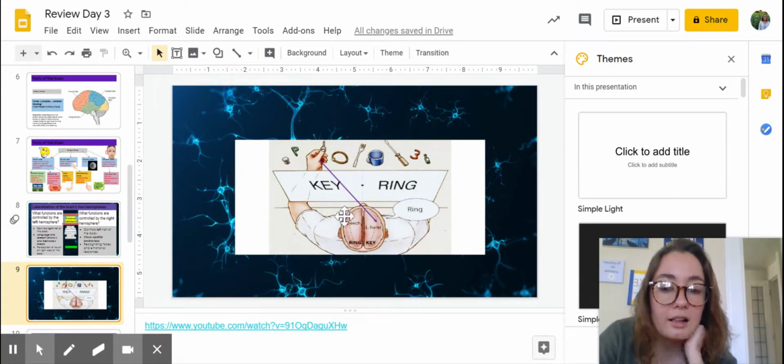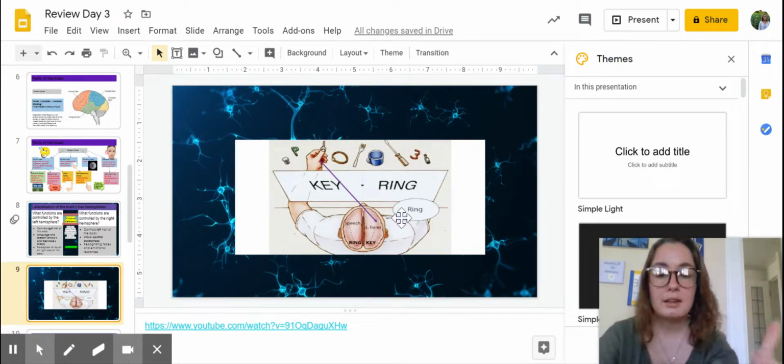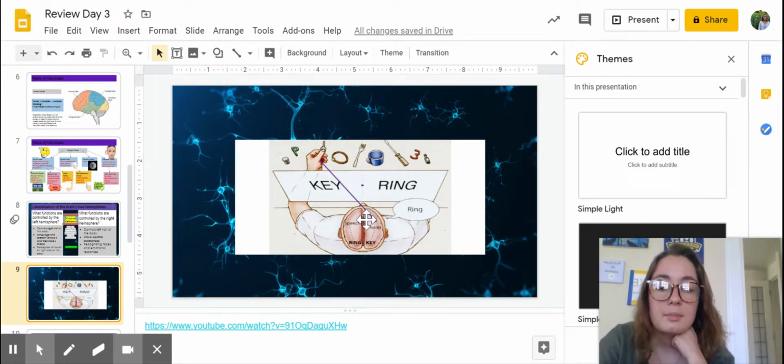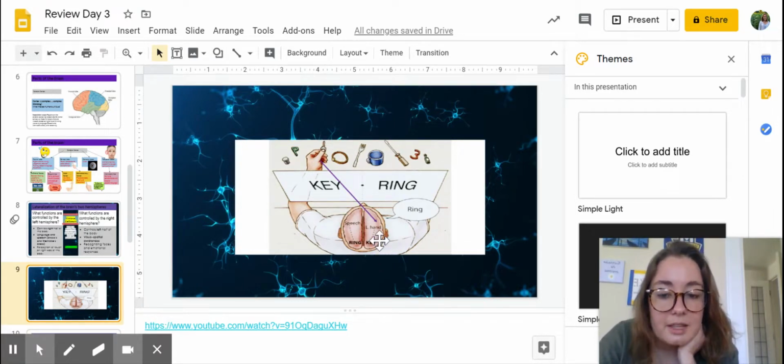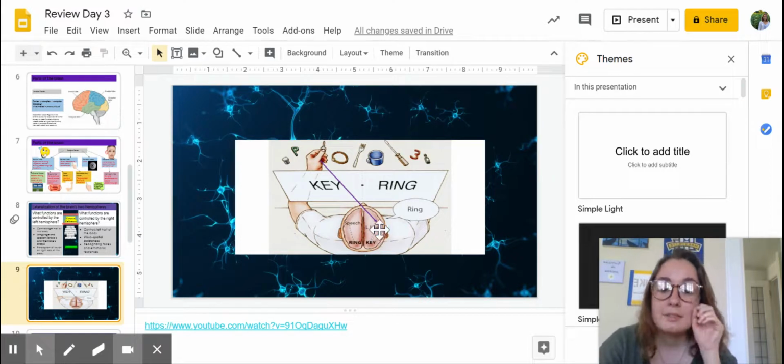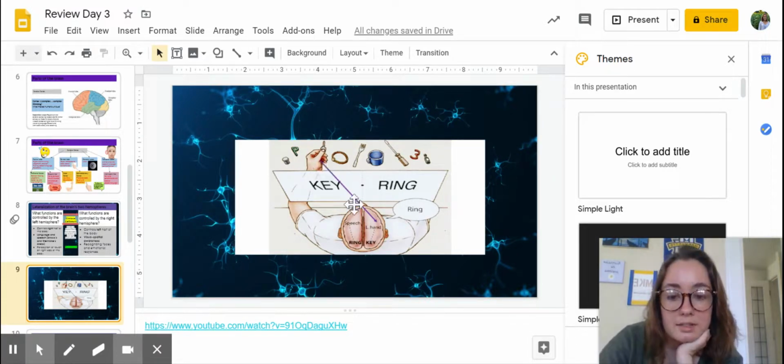Remember, LL, left language. So he is able to speak and say the word ring because it's on the right field of vision, contralateral, processed in the left hemisphere. Left is language.